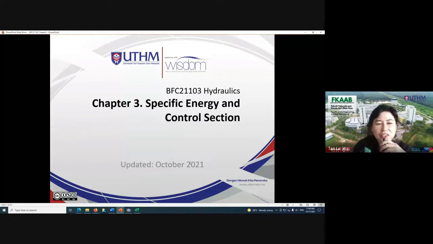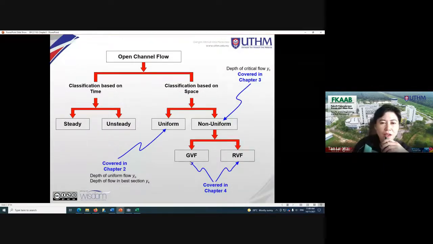Now on chapter 3, today we are going to look at specific energy and control section. This is just an overall view of what we have learned and what we are going to learn in our hydraulics.